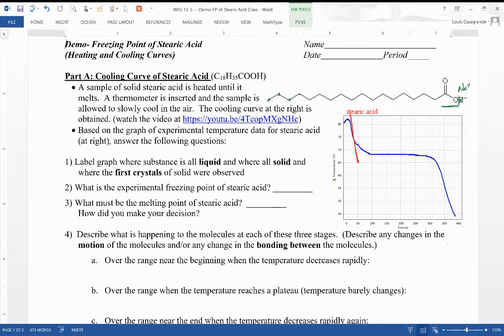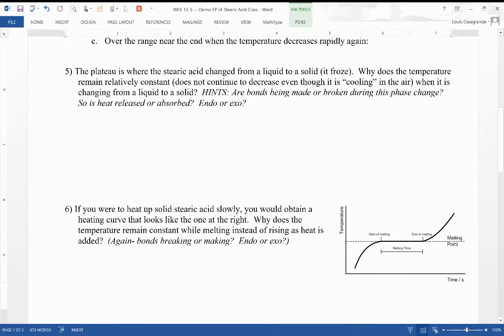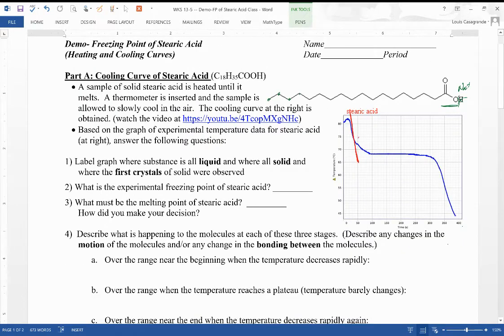As the temperature starts to drop, you should have noticed that right about here, right where the curve starts to drop off, we have our first crystals. It starts to crystallize, and we get our first crystals. So that's where the first crystals were observed.